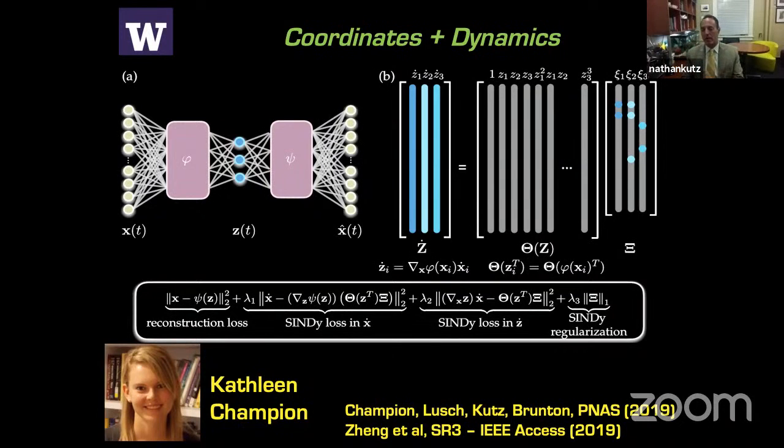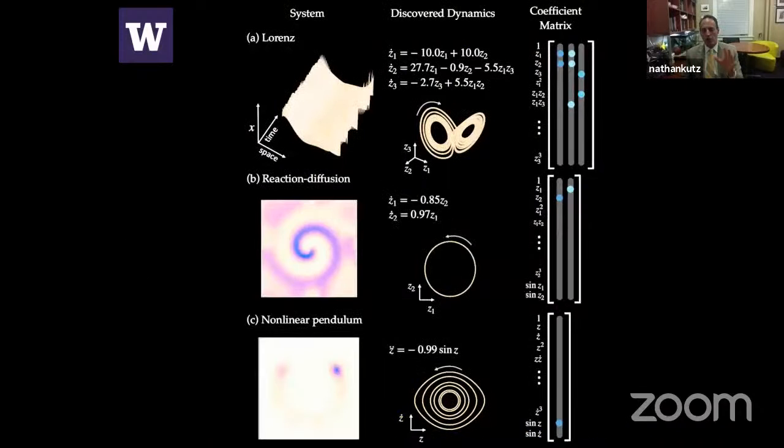Part of the reason I like what Kathleen did so much is that this is what we have done throughout our history of scientific discovery. What you're allowing the neural network to do is automate this process to help you discover this pairing of the two. I already showed you this, but the bottom one is exactly the pendulum.